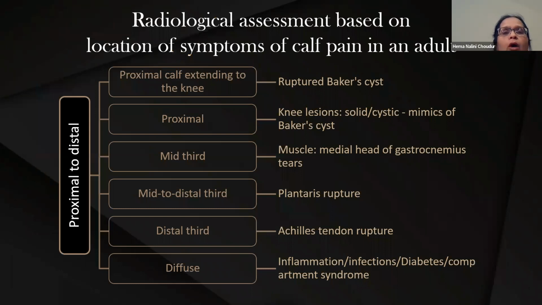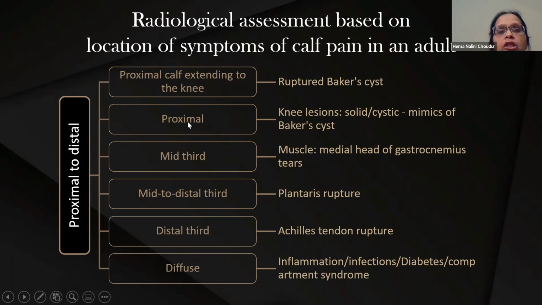Now let's look at how radiological assessment is done based on the location of the symptoms of calf pain in this patient. Again, we move from proximal to distal. Calf pain at the knee, we looked at ruptured Baker cyst and the mimics of ruptured Baker cyst, and we covered sinister etiology. We've developed an algorithm to remember how to do it.